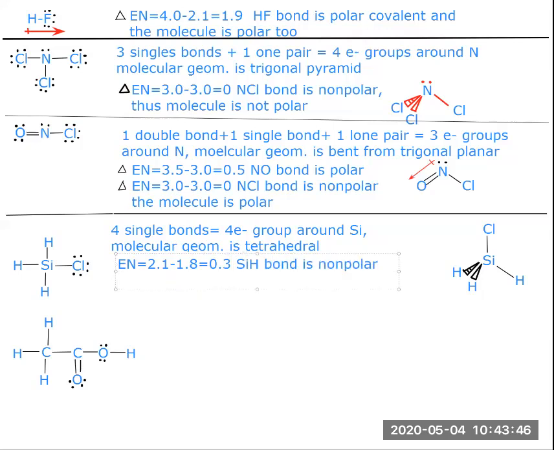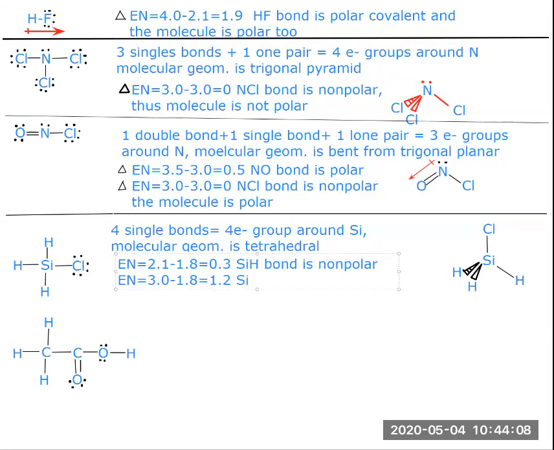So let's do the electronegativity difference between silicon and chlorine. So silicon again is 1.8, chlorine is 3.0. So we'll do 3.0 minus 1.8. It's a difference of 1.2.